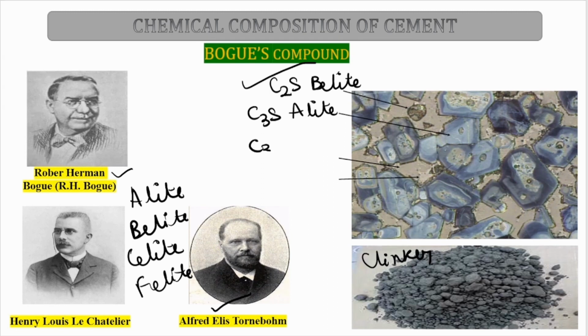This is C3A, which is also called celite. And the last one is C4AF, which is called felite. Belite is white in color. Alite is also white in color. Celite is white or grey in color. And felite looks black in color.